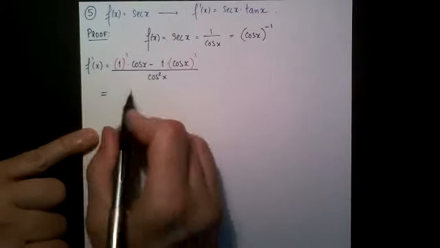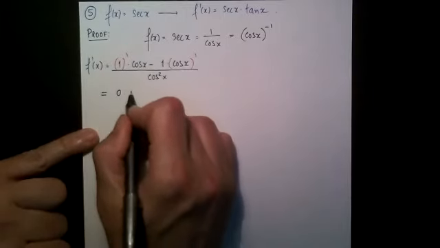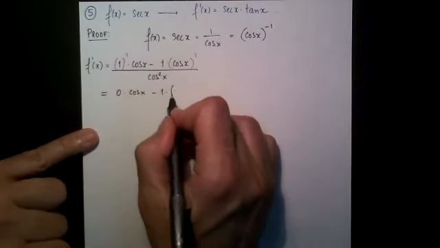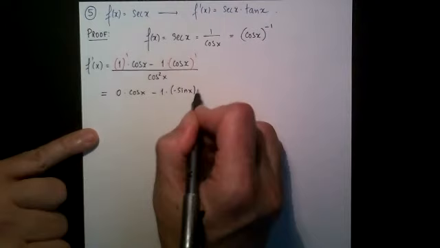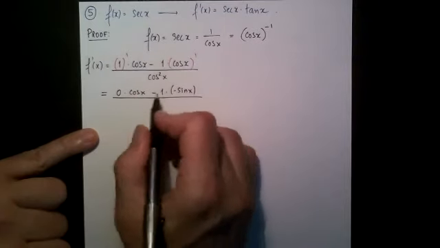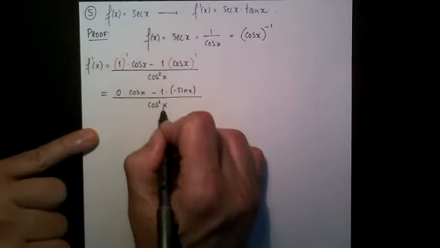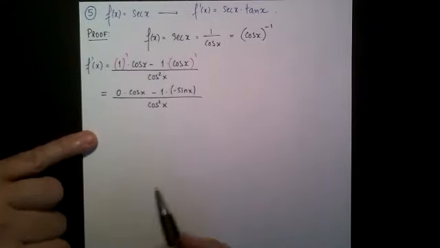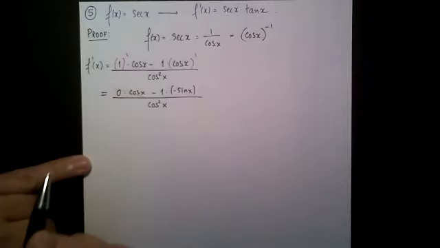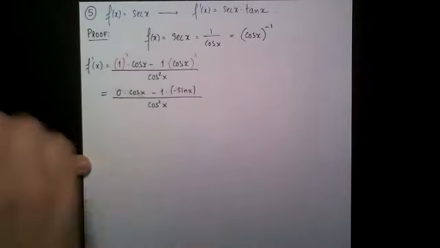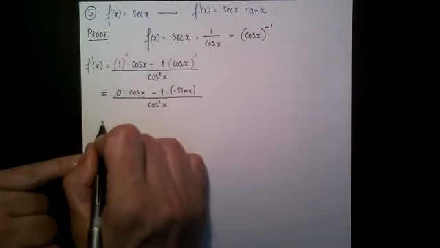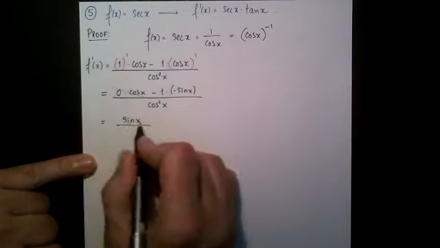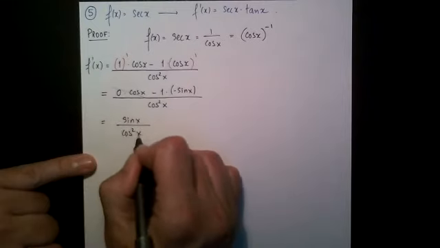Okay, so let's derive this. The derivative of 1 is 0 times cos x minus 1 times, this is negative sine x, and all this over cos squared x. Zero. What's left? Sine x over cos squared x.